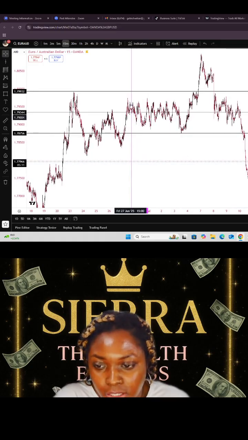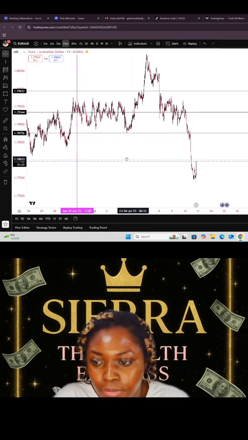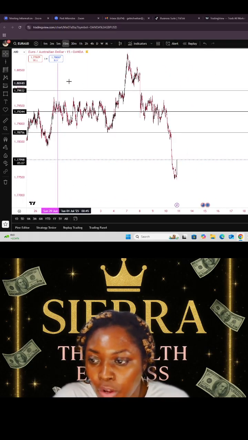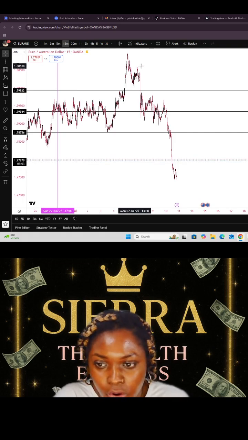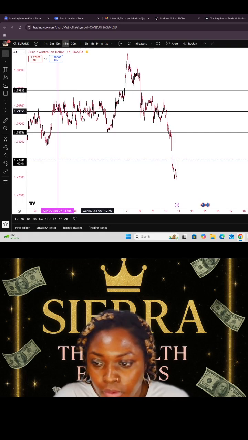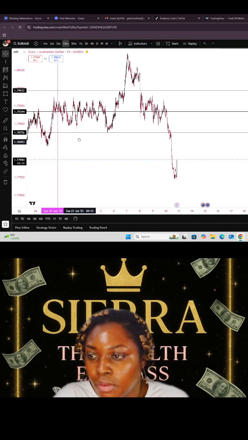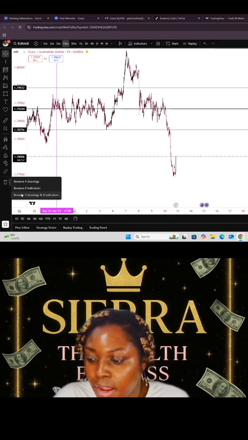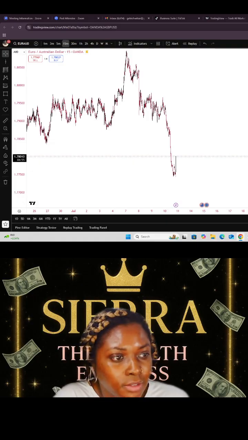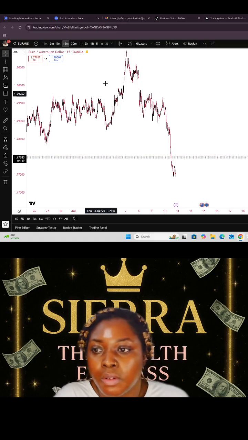Price, this is the current candle, okay? Price never went above or beneath until it did it over here, okay? So let's find another day. Or another week.